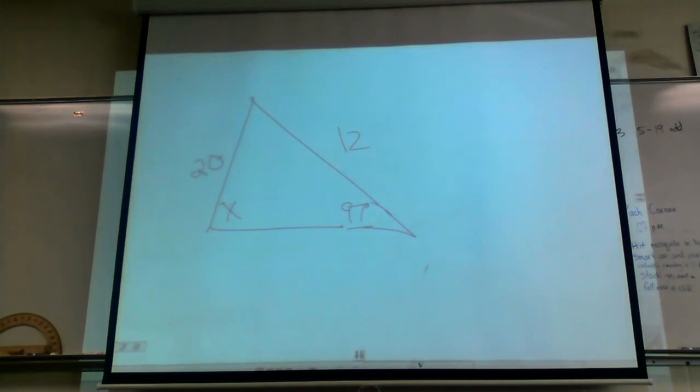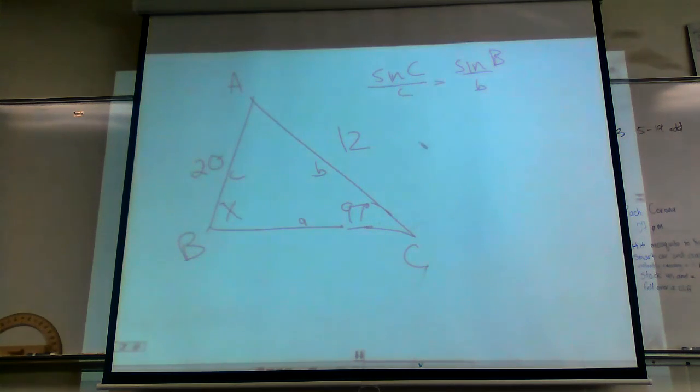So I've got two sides and not the included angle, that means I'm doing law of sines. I would probably still label all my things A, B, and C. I don't have anything on A, so my setup is going to go sine of C over C equals sine of B over B.